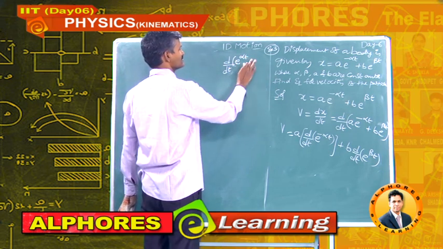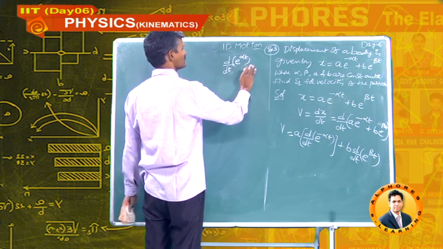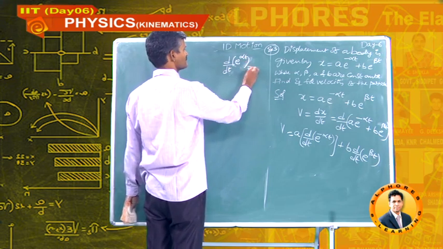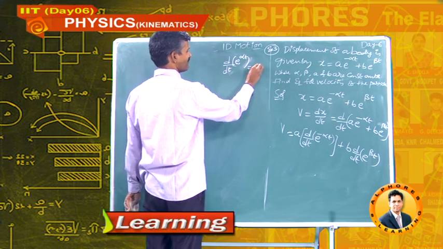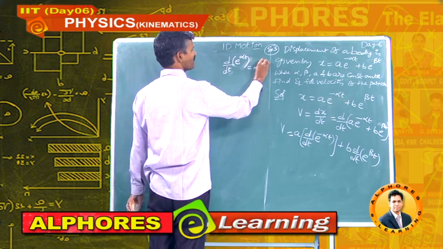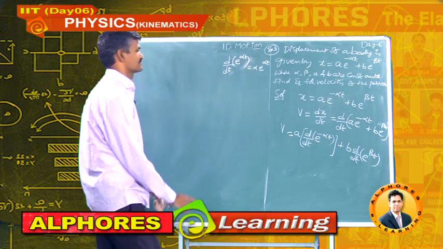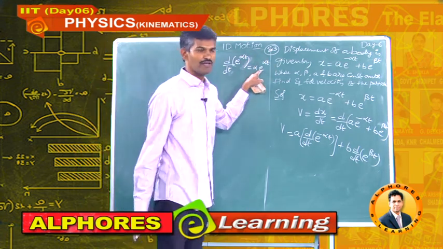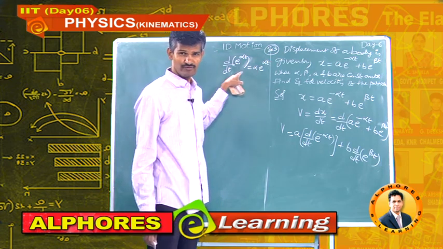Its derivative is alpha times e power alpha t. We already know this formula.